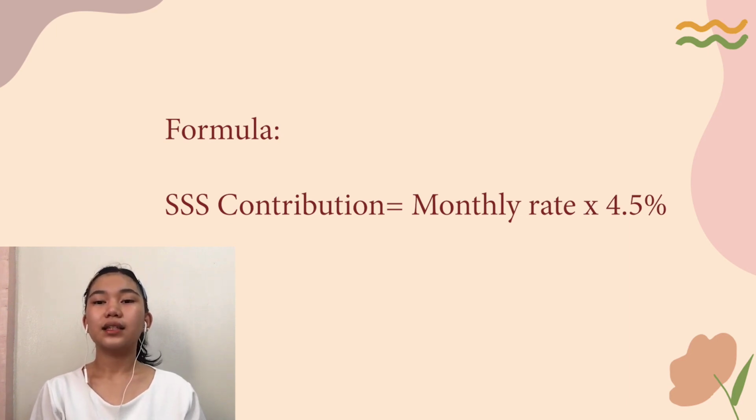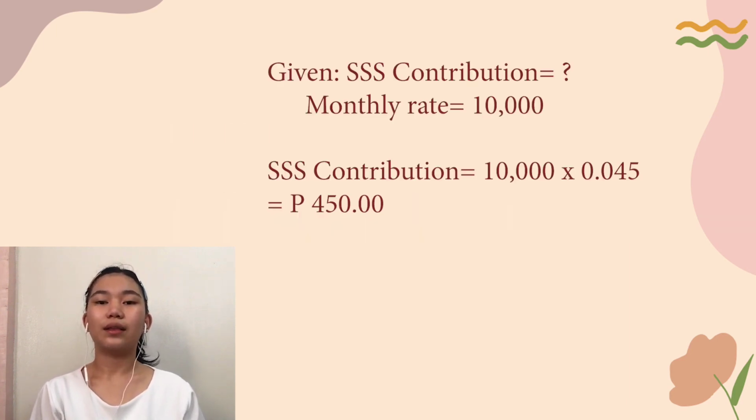Given: SSS contribution is unknown, monthly rate equals 10,000 pesos. In getting the answer, SSS contribution equals 10,000 pesos times 0.045 or 4.5% equals 450 pesos. So the final contribution of Mr. Robles in the month of April 2021 is 450 pesos.